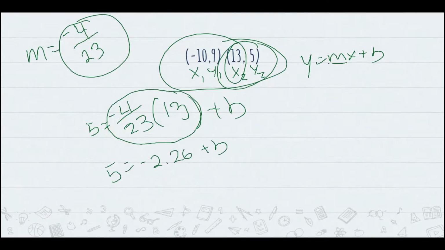If you're going to turn it into decimals, there's going to be repeating numbers, so I just rounded up. And now we're just going to add to get rid of this to get b alone.